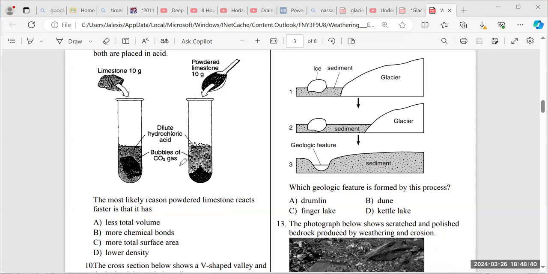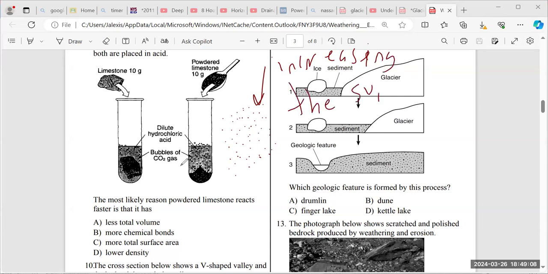Well, when you break something up into many little pieces, there is something that you're doing that we learned in class. When you're breaking something up into many different pieces, you are actually increasing the surface area.